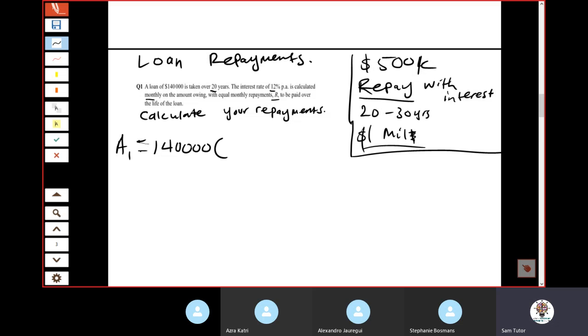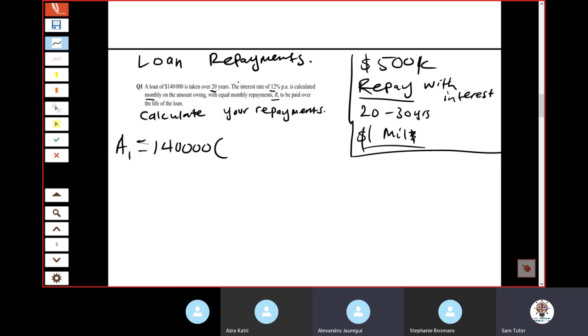Look, think about it again. You've got 140,000 in your bank account now, right, Alex? Yep. But they're not just going to give you 140,000. What are they going to do straight away after the first month? They'll make you pay something back.